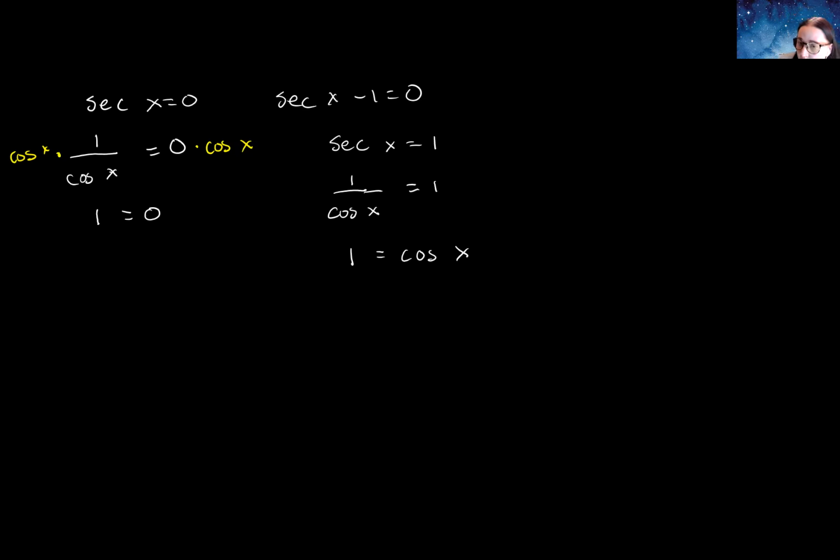If you are doing this with our inverse trig functions, we would take the arc cosine of both sides. So I'm going to do that first, just to change it up, because that's what we're doing here, solving by trig functions or inverse trig functions. So you get the arc cosine of 1 equals x, because the inverse cosine and cosine cancel out.